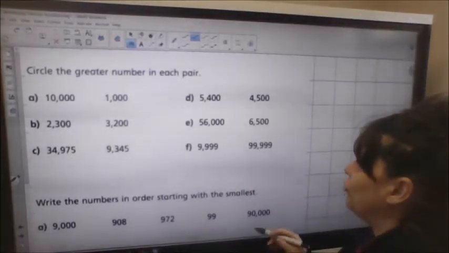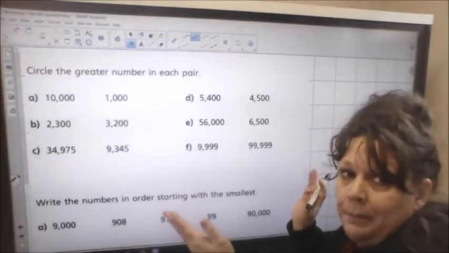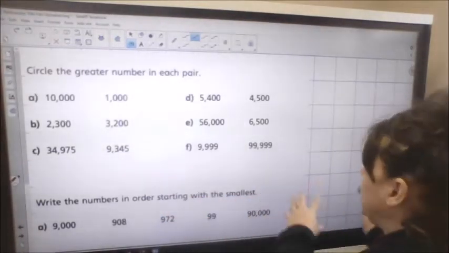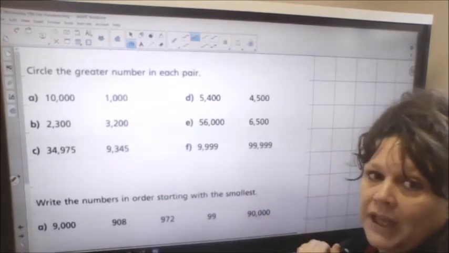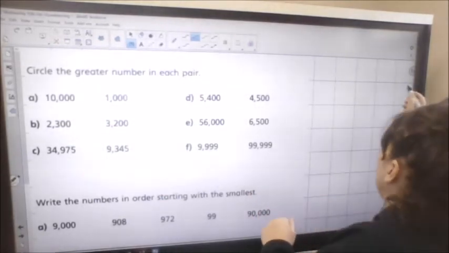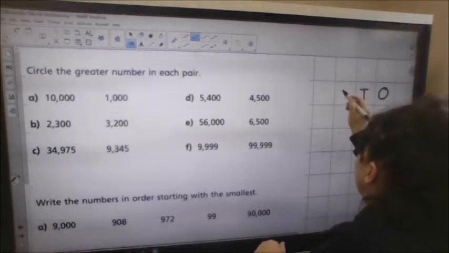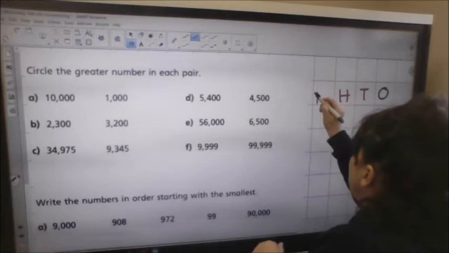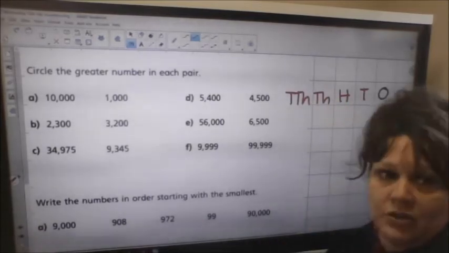But if you've got 2 5-digit numbers and they look very similar, it's really good practice to draw your grid and then you can see your numbers really carefully. So if you want to draw your grid, don't forget you need to have ones, tens, hundreds, thousands, and then tens of thousands.